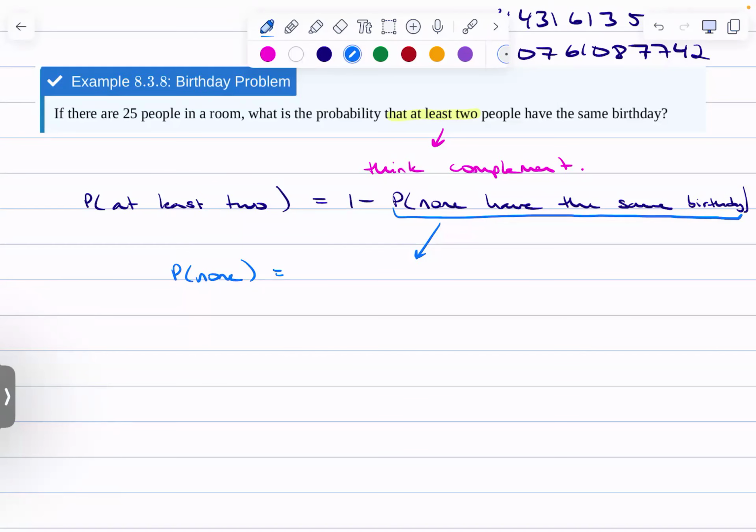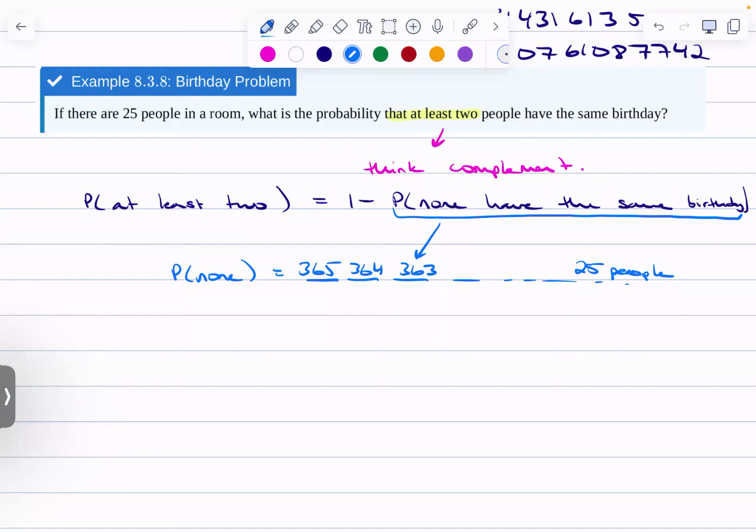So if we focus on the probability that none have the same birthday, how would you solve that? If there's 25 people, then for your first person, you have 365 choices. Second person, you have 364 if they can't have the same birthday. Then 363, for 25 people. That's a lot. But we know how to solve that.